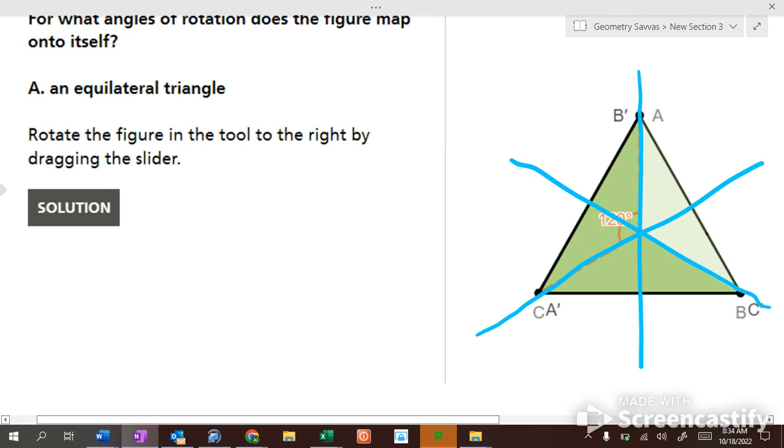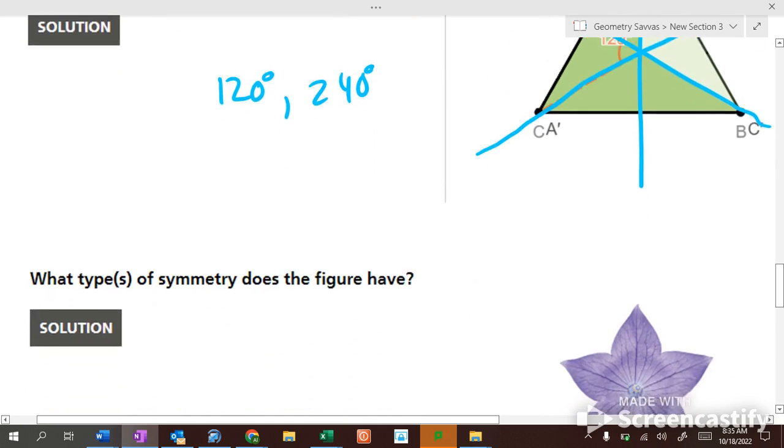So how many lines of reflection? 3 for reflectional. And how big are the rotations for rotational? Well, 360 divided by 3 is 120, so they're every 120 degrees. So it's 120 and 240, and you can't be 360, so there's only 2 rotations for rotational symmetry.